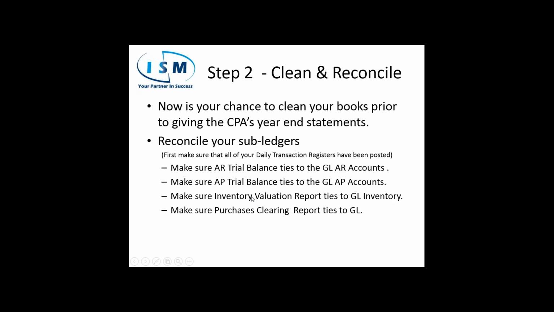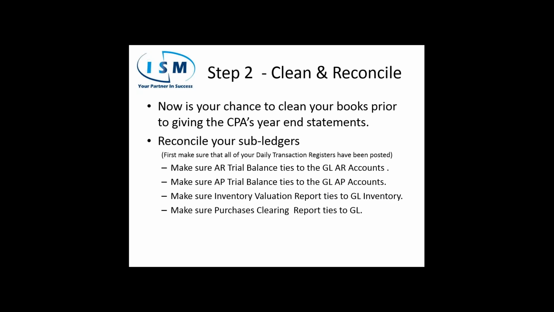Now the third one, you could run your valuation report or your trial balance and tie that to your inventory accounts at the GL. If you find that your valuation reports and your trial balances do not match, there are utilities that have to be run, and there's a process for bringing that information to balance.